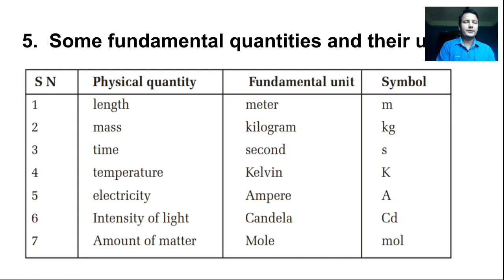Fundamental unit is meter and symbol m. Second one, mass. The unit of mass is kilogram and the symbol is kg. Third one, time. Its unit is second and the symbol is s. Similarly, temperature, the unit is Kelvin and symbol is capital K.